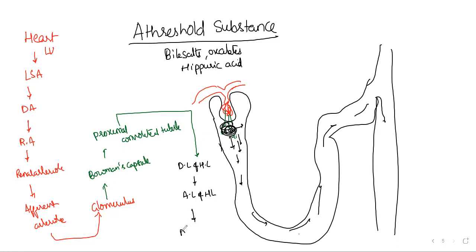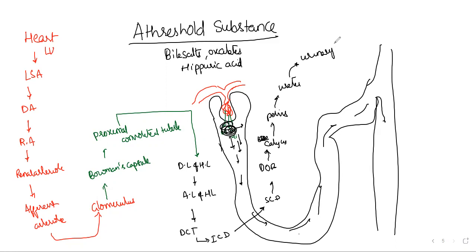Then distal convoluted tubule, initial collecting duct, and then straight collecting duct, then ducts of Bellini, calyces, pelvis, ureter, urinary bladder. Okay, so that's it. The ureter and the urinary bladder, because we have to dump this.